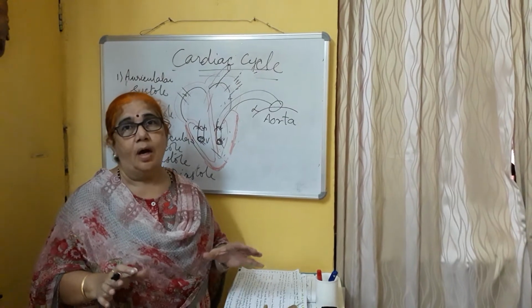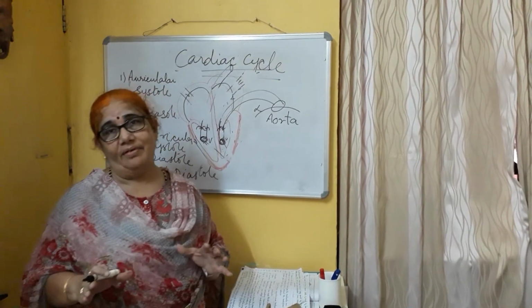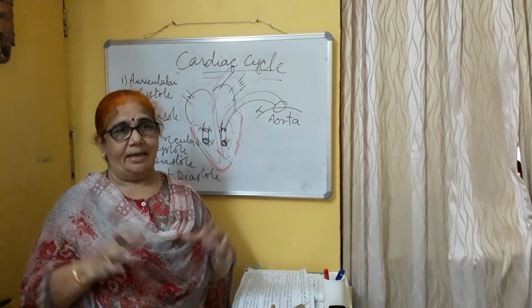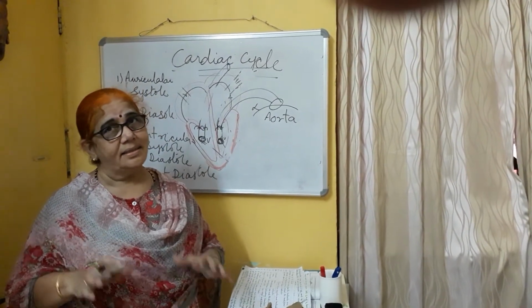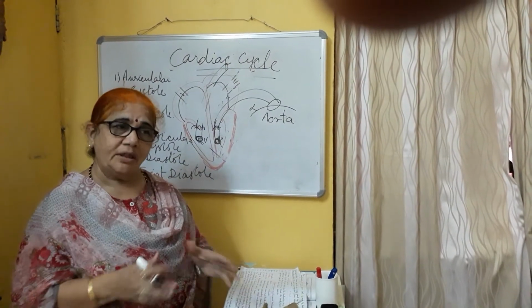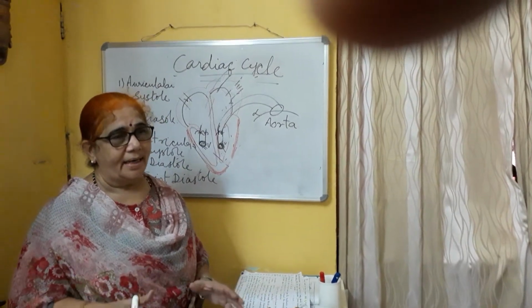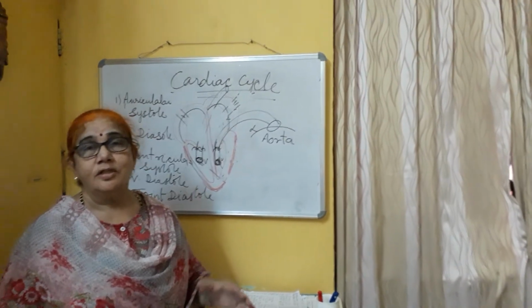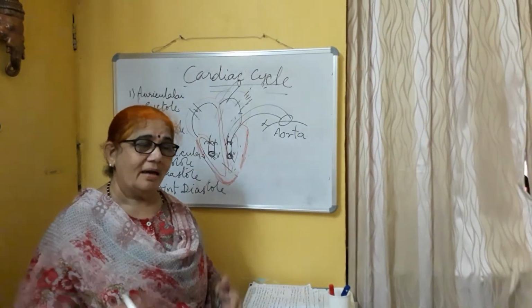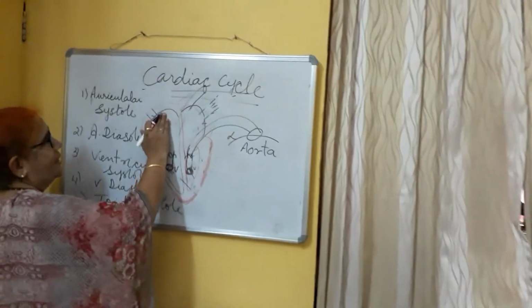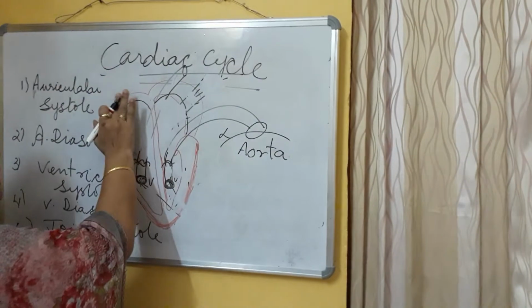How will it contract and how will it relax? Both the auricles contract at the same time and relax at the same time. Both the ventricles contract at the same time and relax at the same time. So what happens when they are contracting and what happens when they are relaxing? Now let us see, suppose these two are there.